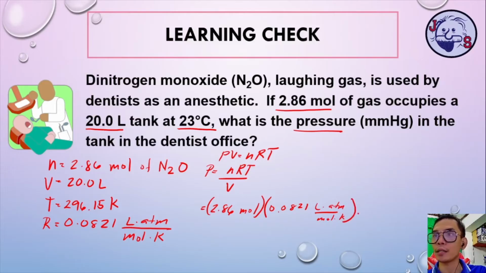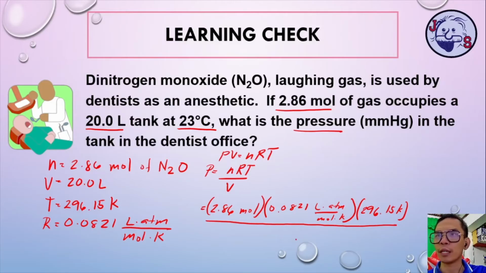And the temperature, which is 296.15 Kelvin, over the volume, which is 20 liters. We cancel all the similar units that we see in this computation, and we compute now.